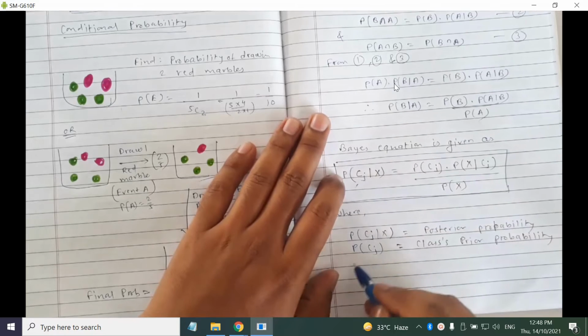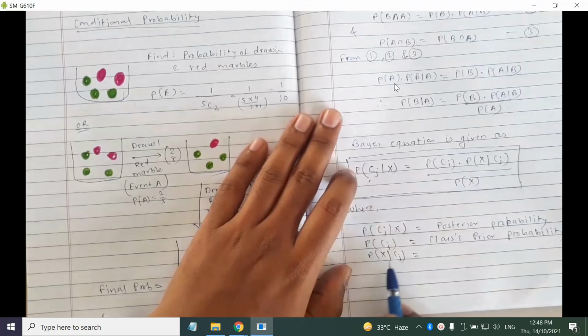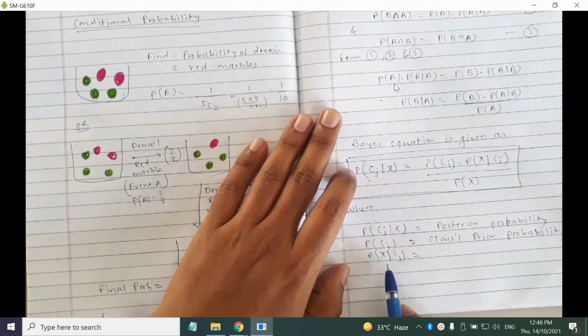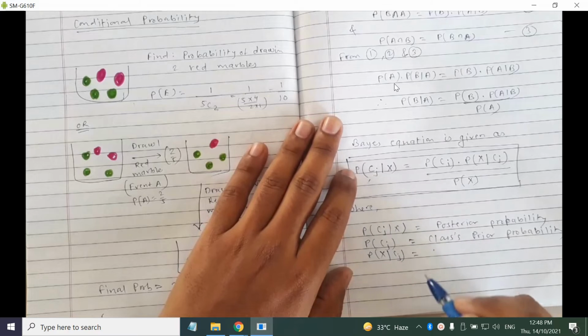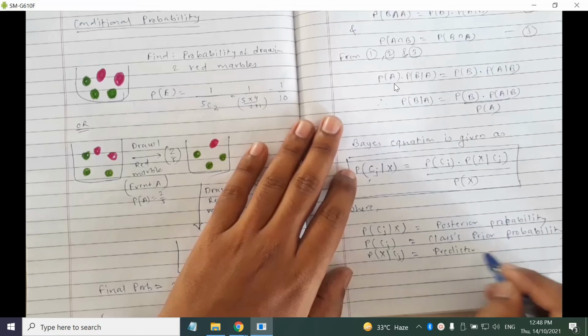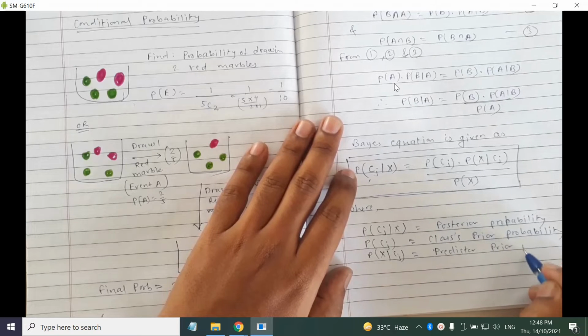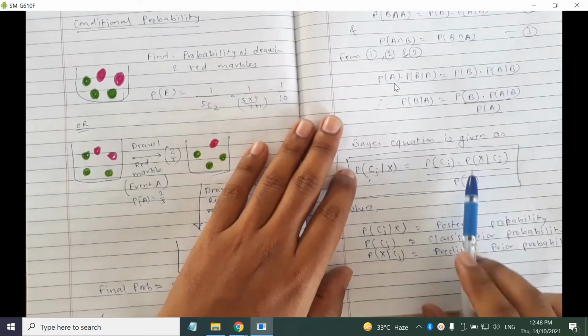And P(X|Cj), you can actually determine this probability. This is known as predictor prior probability. Prior means it is known beforehand. Posterior means you are calculating based on these values.